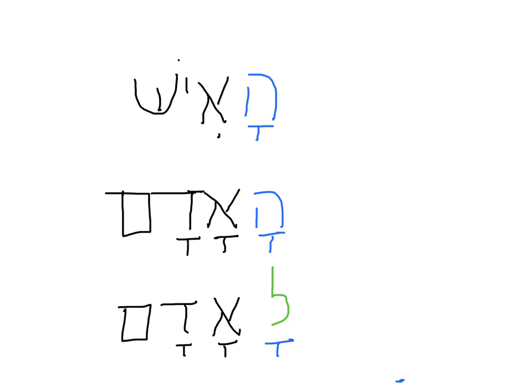So we can see that this is to the human, and we can tell because of the footprint that the article has left behind in terms of a compensatorily lengthened qamets underneath the prefix preposition.